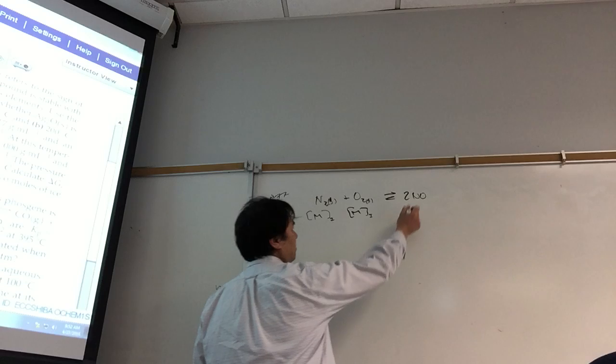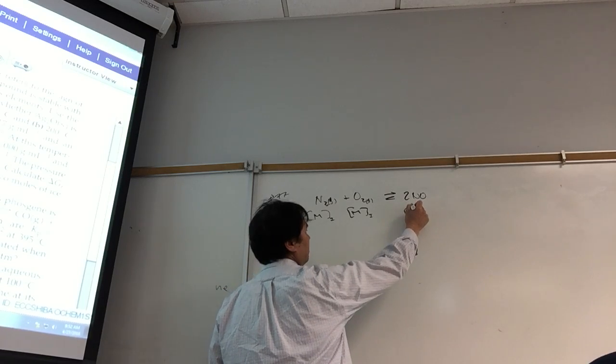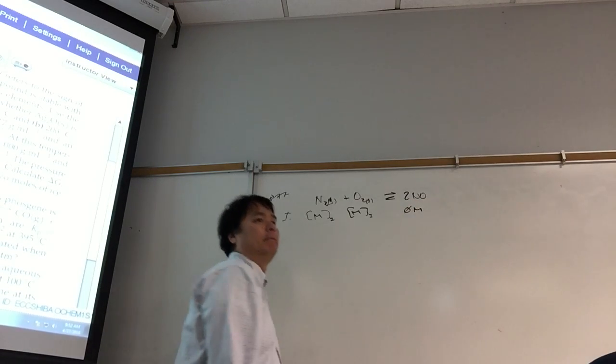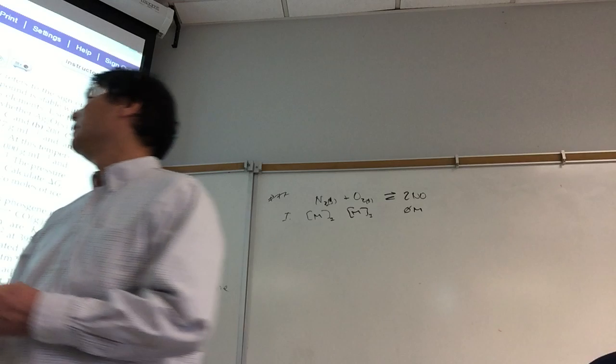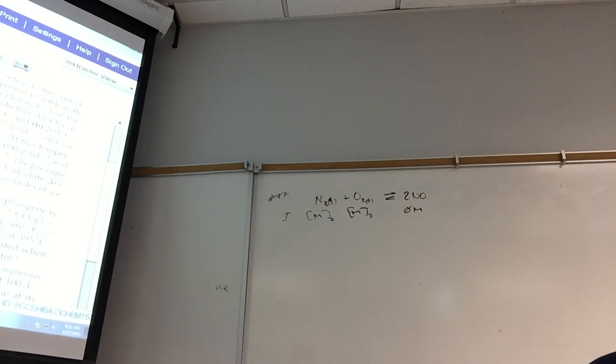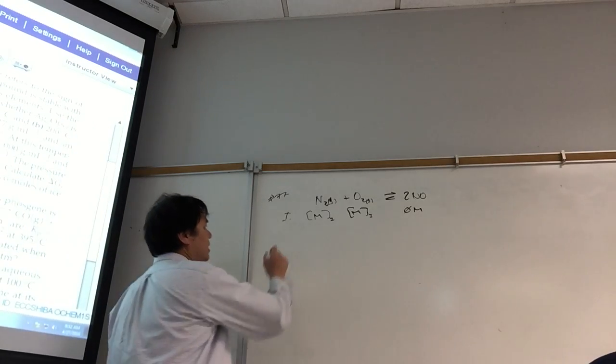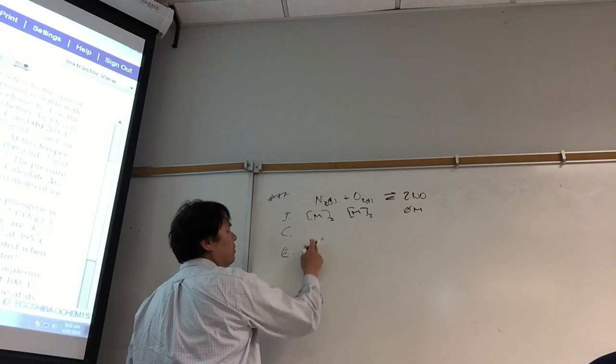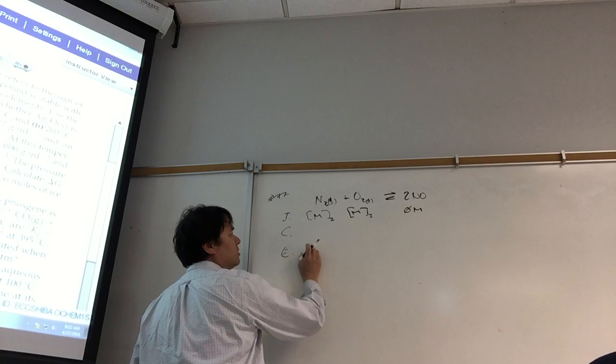Why are you using the ice table? Because we use the ice table for any kind of reaction, and 1.0% converted means 1.0% reaction. If we want 1% reaction, how much of my initial am I losing?